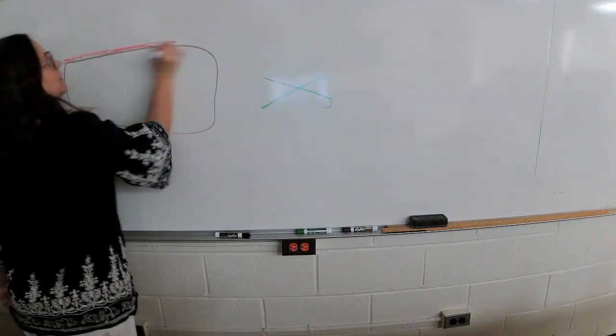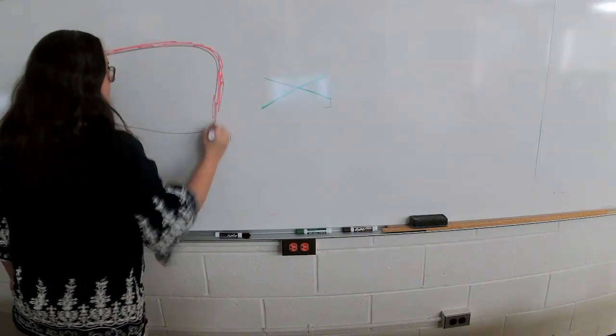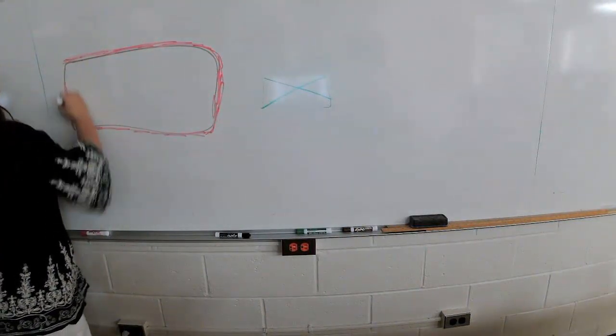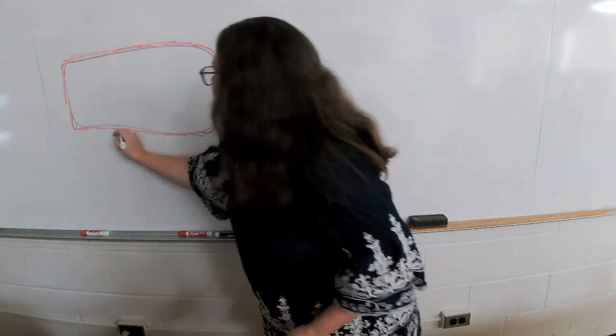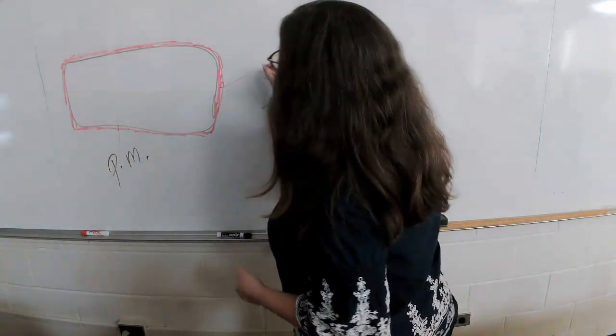I'm trying to make this one a little thicker. So brown inside is the plasma membrane. Red outside the plasma membrane is the cell wall.